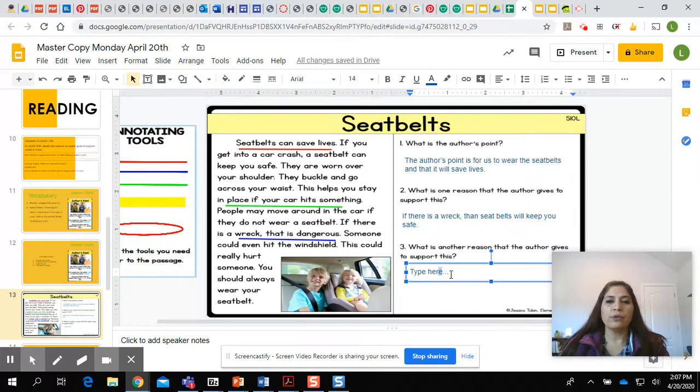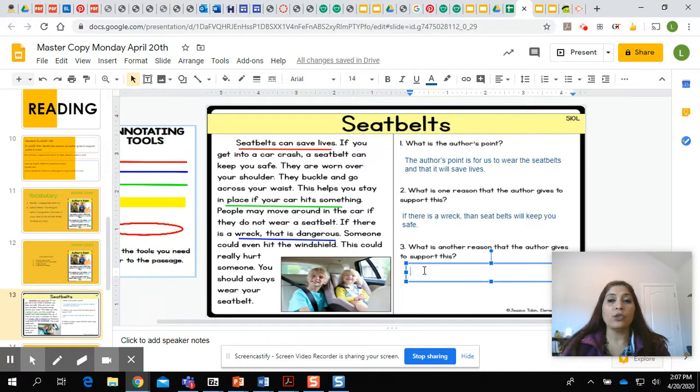All right, what is another reason the author is giving us? Well, if there is a dangerous wreck, oh, well, this helps you stay in place if your car hits something. Well, one reason is if there is a wreck, then the seatbelts will keep you safe, which I already said.